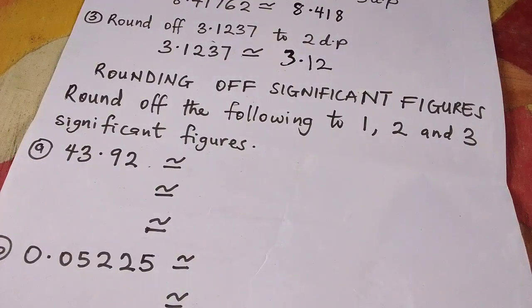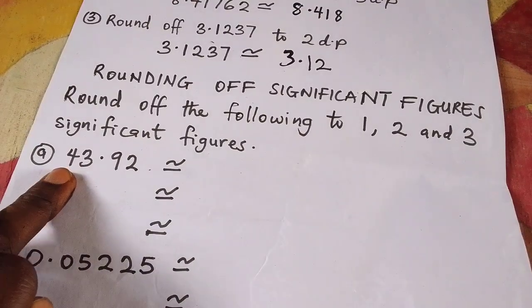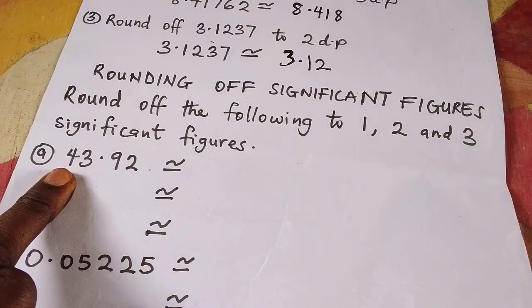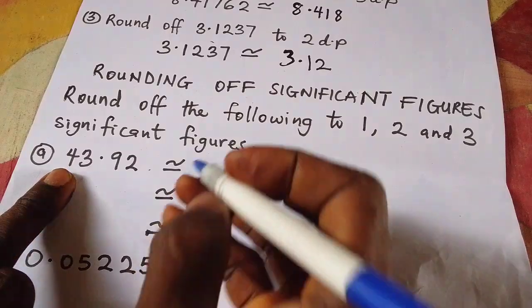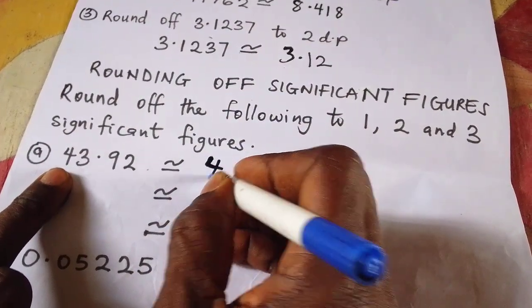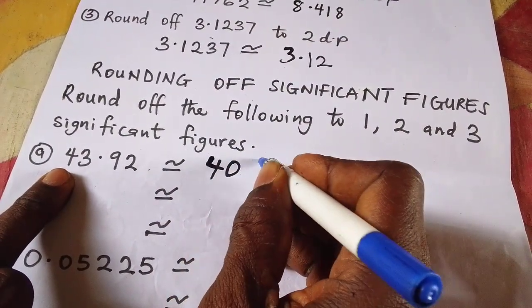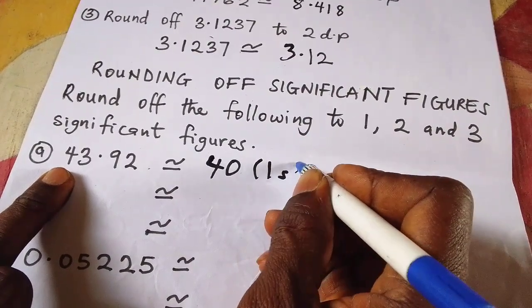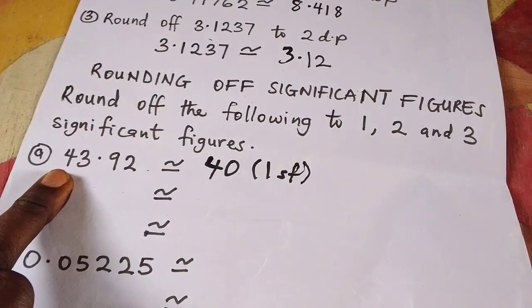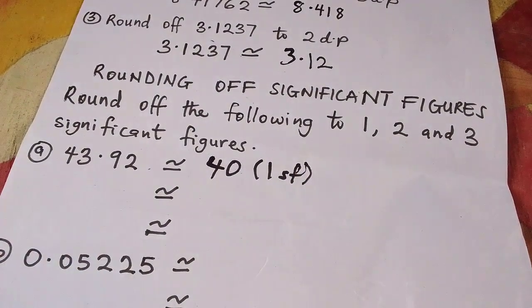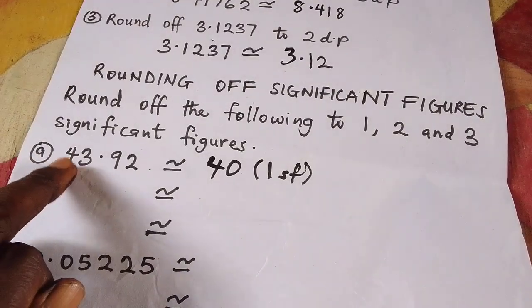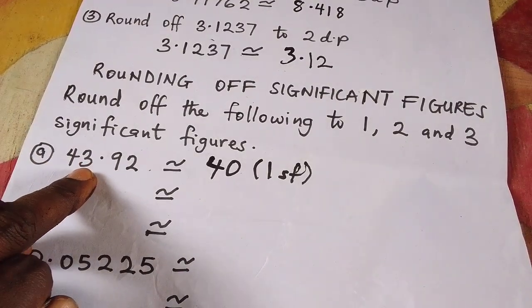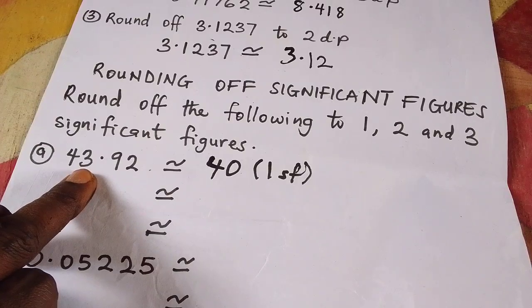So this 43.92 to 1 significant figure. If you count this 1, the next number is 3. It's not up to 5. So you write 40. That 3 will turn to 0. So this is done to 1 significant figure. Now if you are to do this to 2 significant figures, you count 1, 2. The next number is 9.